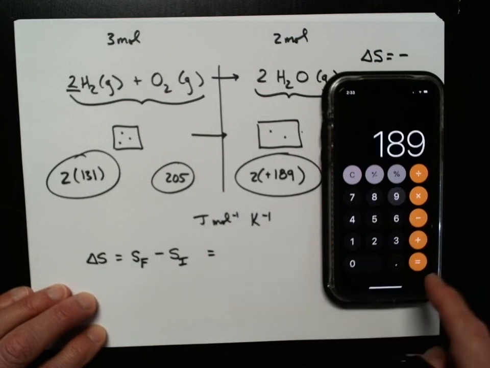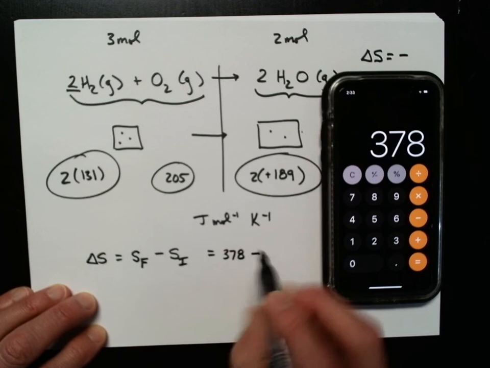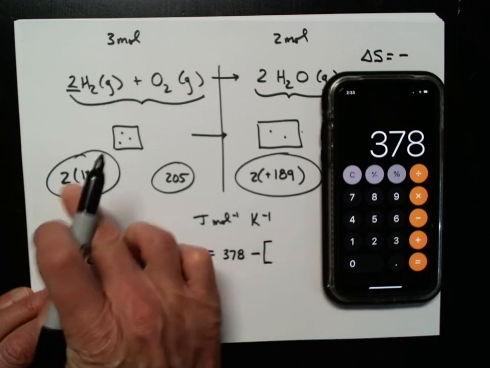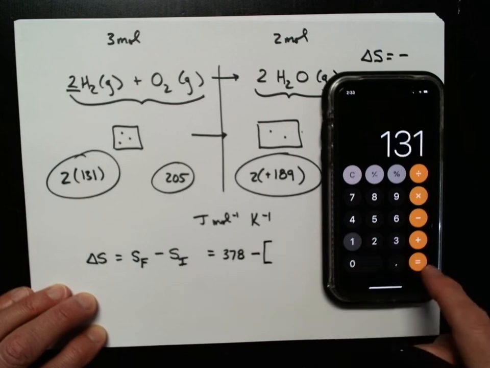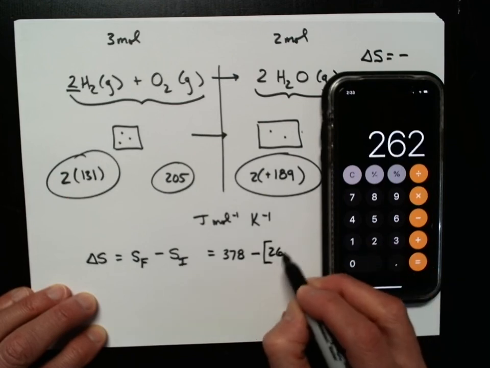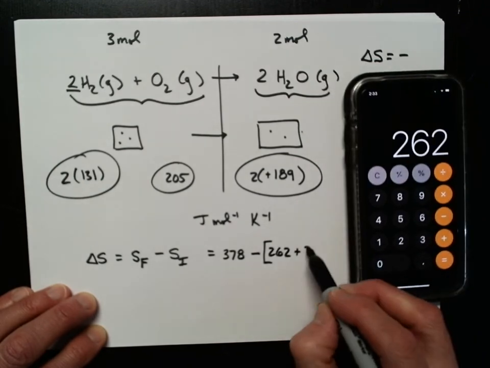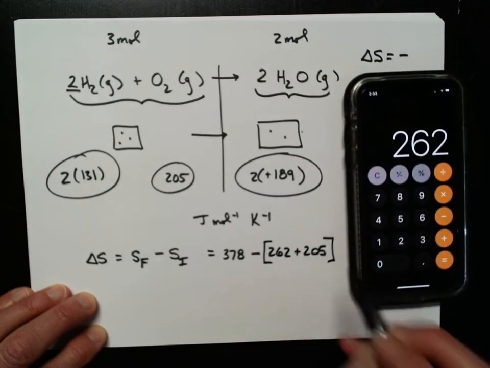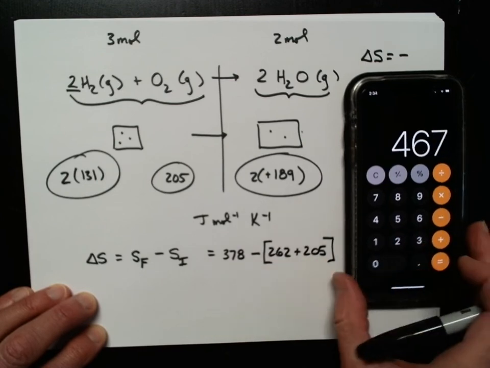So let's see. 2 times 189, that's 378, minus 2 times 131, that's 262, and 205. 262 plus 205 is 467.